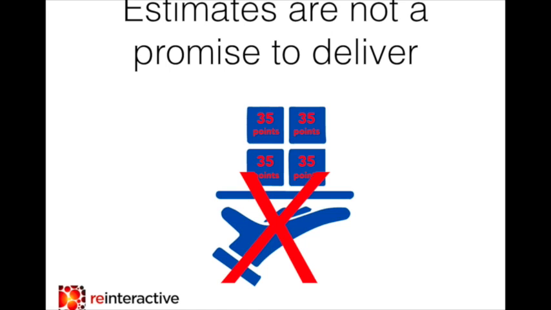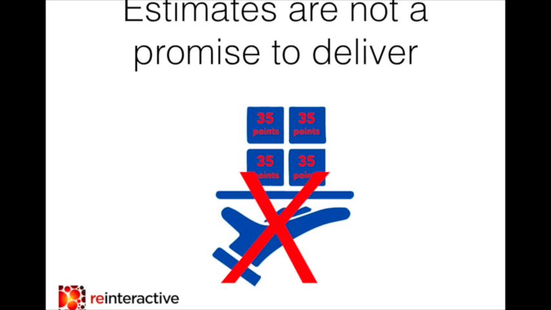Okay, so to really appreciate how points and velocity are useful concepts, we need to first recognize something about the way we use estimates. We're not quoting when we're doing estimates, we're estimating how long something's going to take. It may take less time, it may take more time.